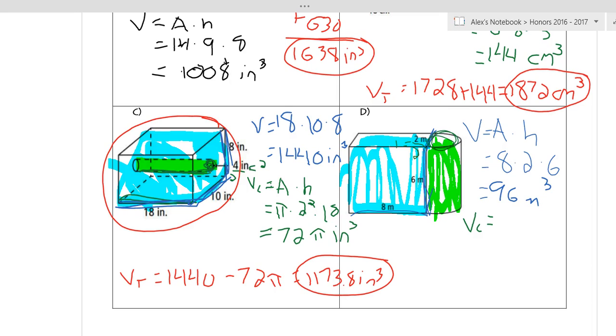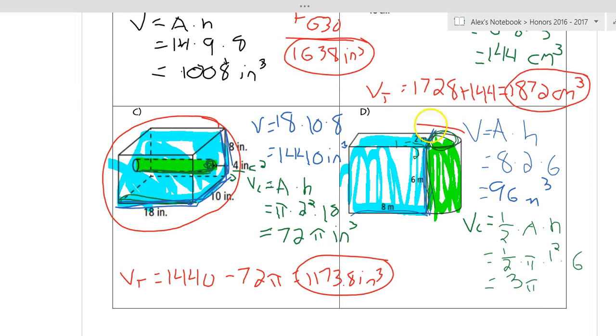Since this is half a cylinder, I have 1/2 times the area of the base times the height. So I have 1/2 times pi times 1 squared, and my height here is 6. When I multiply all of those together, I get 3 pi.